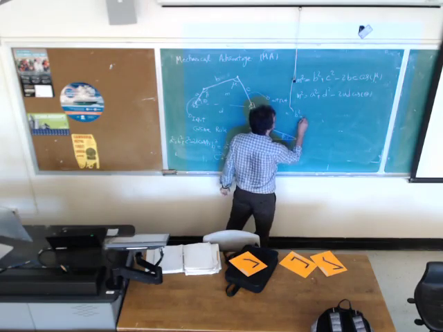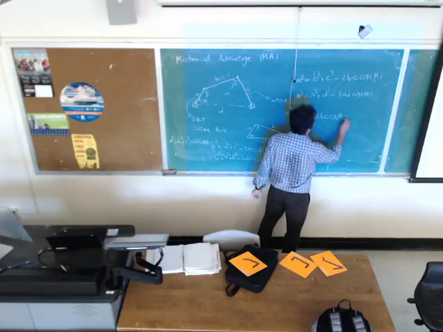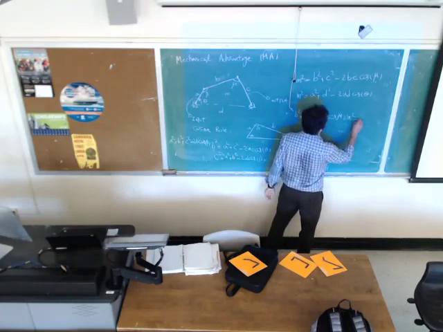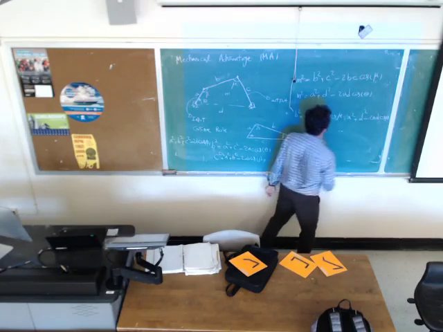I can write B squared plus C squared minus 2BC cosine of mu equals A squared plus D squared minus 2AD cosine of theta.